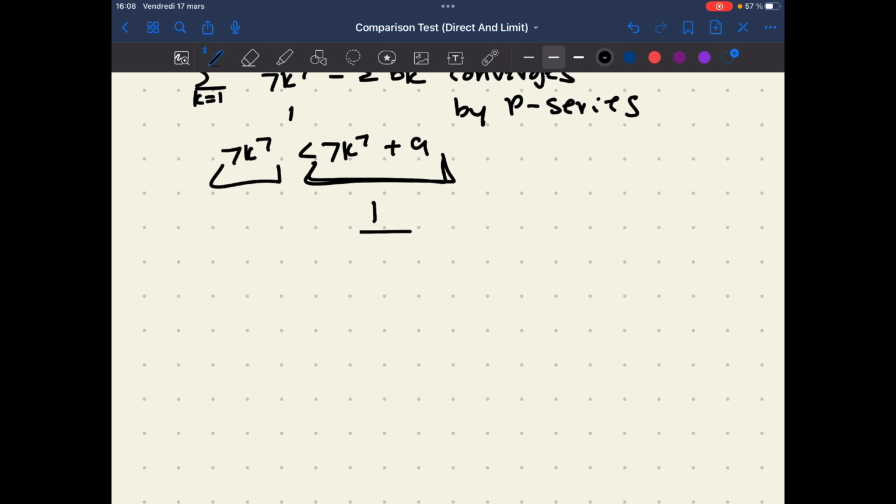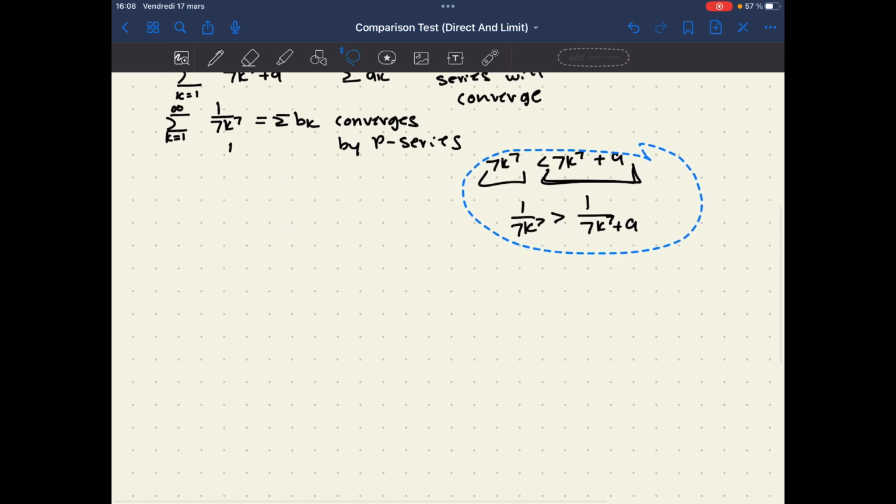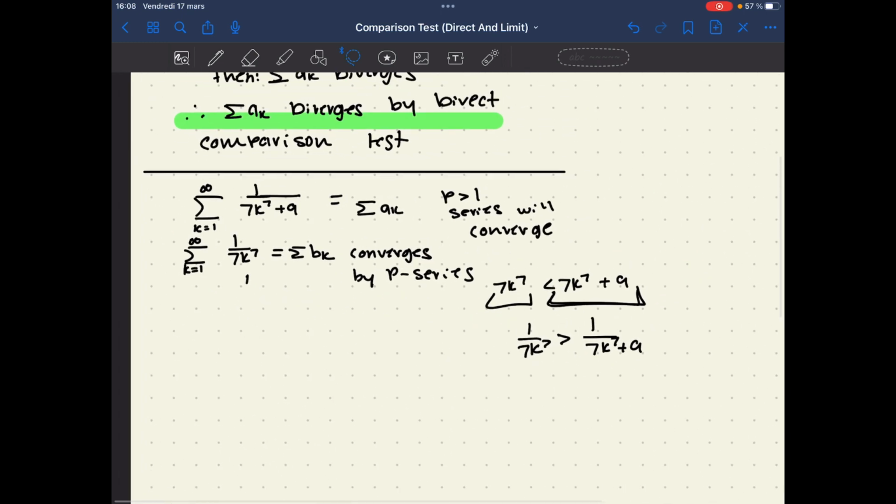That will make the overall fraction different. So basically the sign will flip like that.